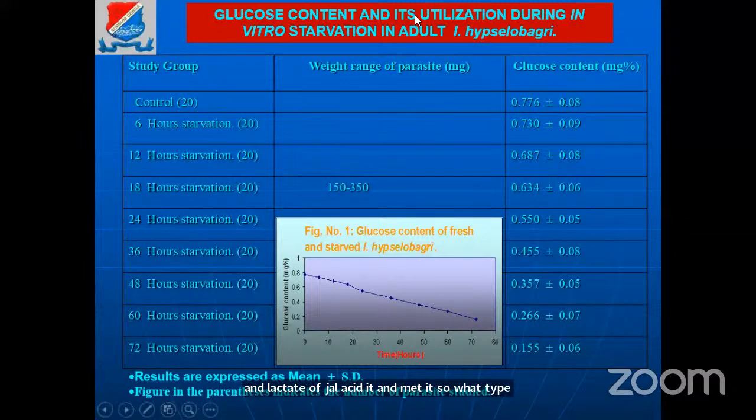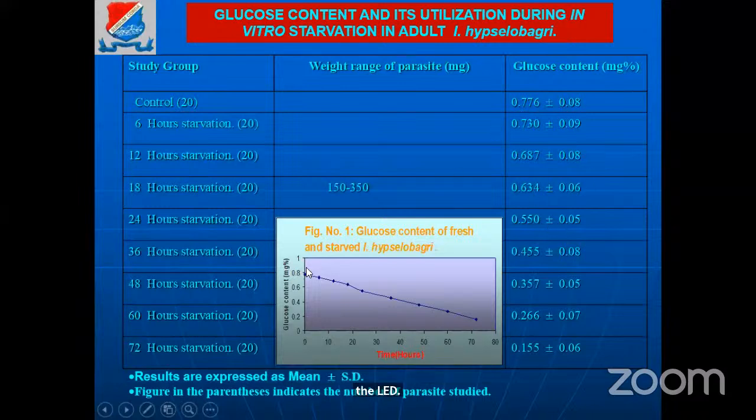So what type of investigation? We are finding here the glucose. When we put these parasites in the starvation period, up to 72 hours, we can find that they utilize their glucose.